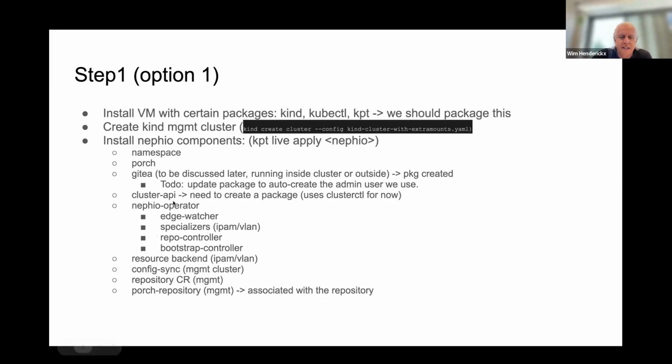Then this is the package that we are already doing. So this is our operator, where we have EdgeWatcher, the specializer. And then you see here two new controllers, which I'll explain in a bit. I have a slide particularly on it, and I created them already. One is there to create repos based on clusters.